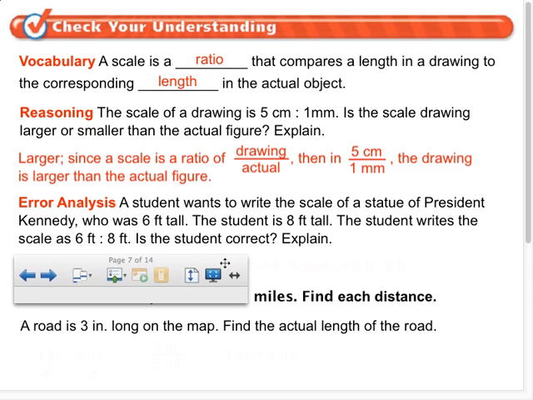Bring it back up front. Error analysis. A student wants to write the scale of a statue of President Kennedy, who was 6 feet tall. The student's drawing is 8 feet tall.